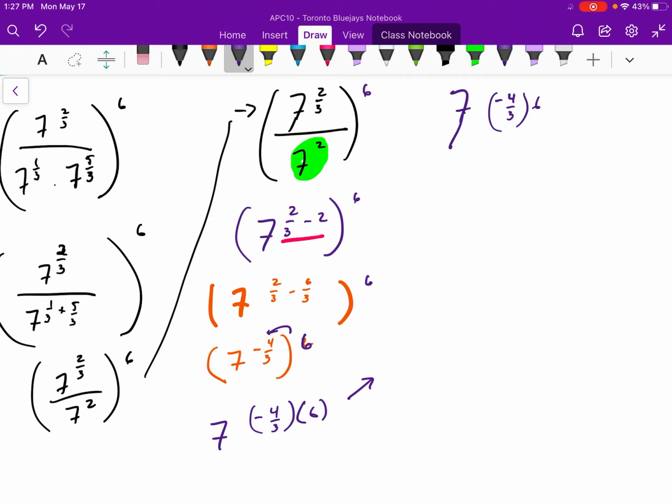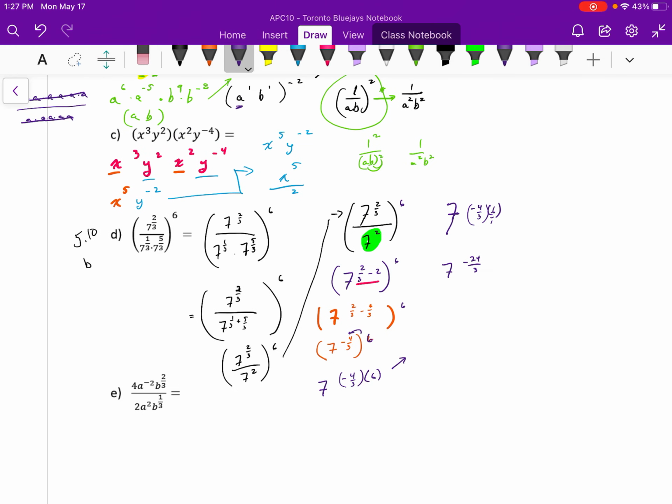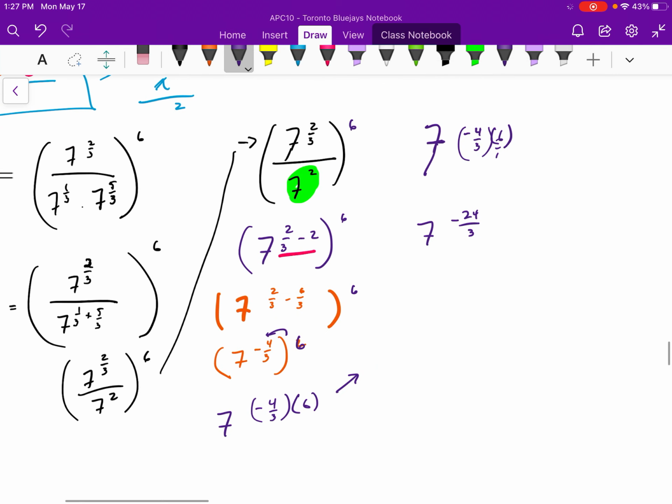No, that's an exponent, so I have to make that 7 extra long, times 6. Now it's really 6 over 1, so I have 7 to the power of negative 24 over 3. And this ends up being 7 to the power of negative 8.